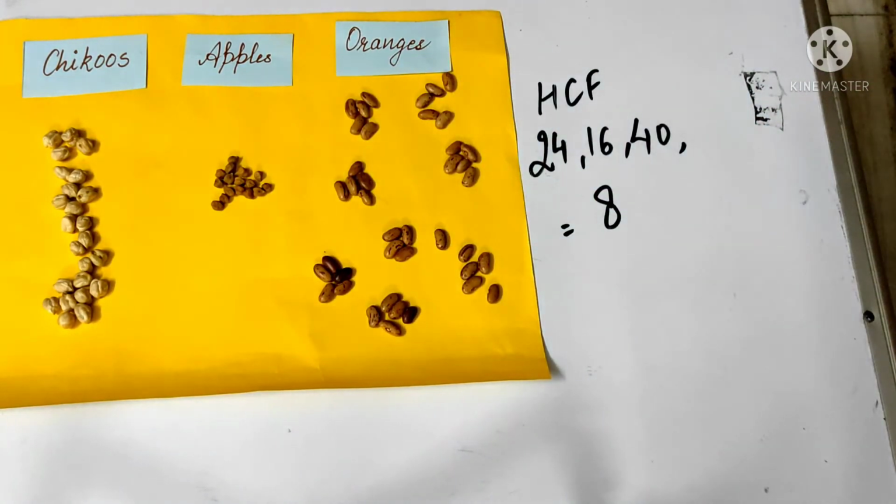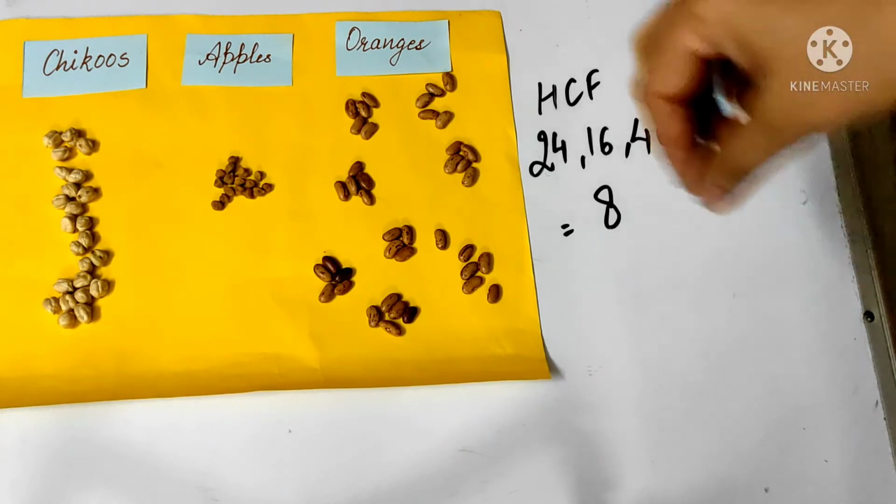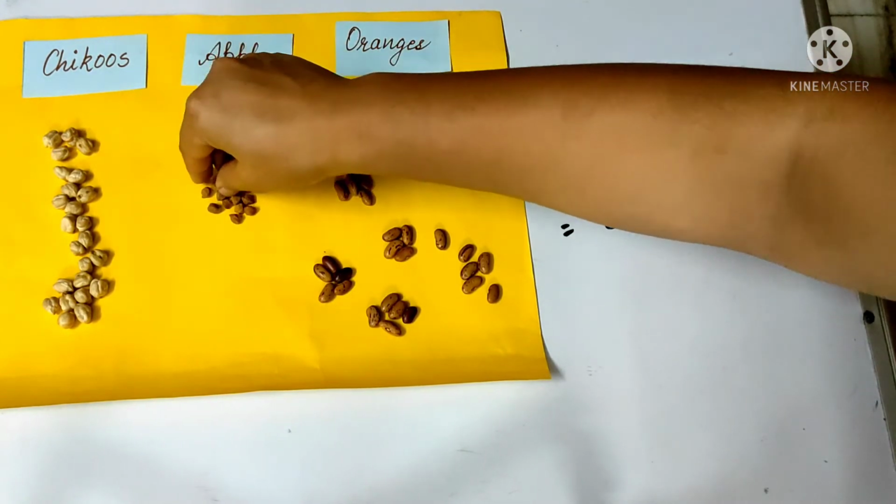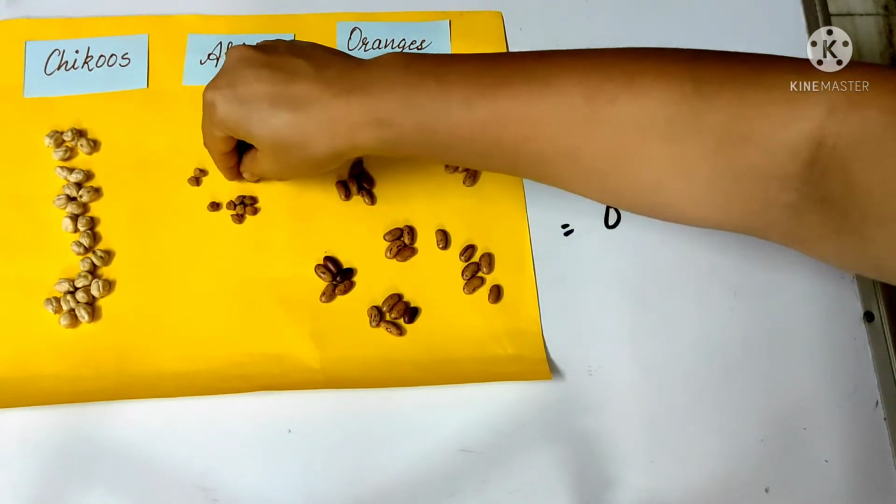So you can see there are 8 groups of 5 rajma beans each. Now there are 16 apples. So when we divide 16 by 8, it comes out to be 2. So we need to make a grouping of 2 pulses together.